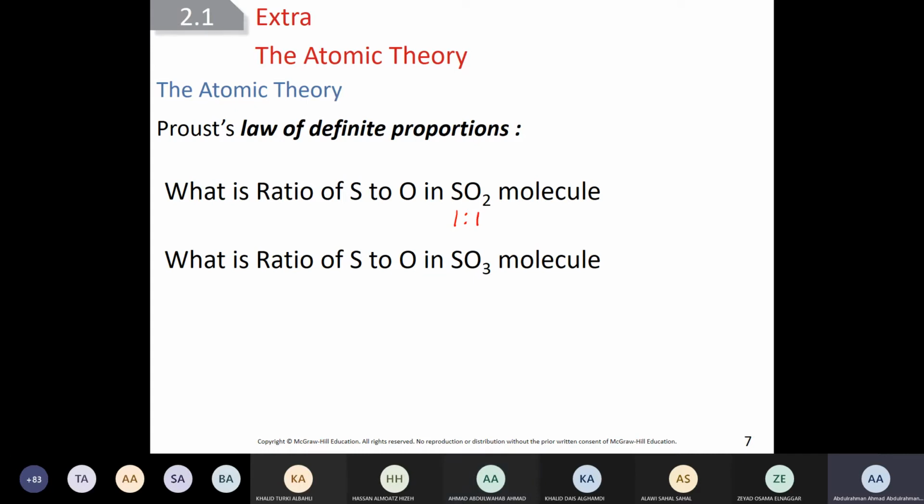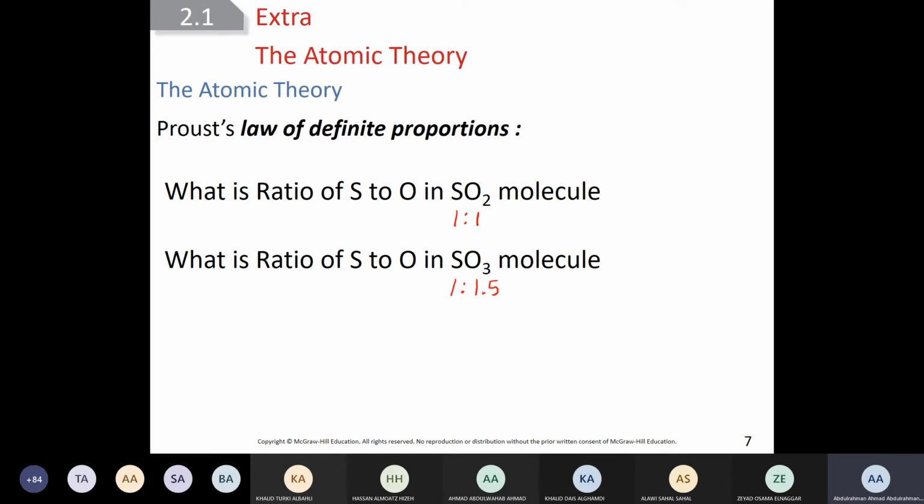How about in another compound, which is SO3? 1 to 1.5. Is this clear? So in different compounds, we're going to have different amounts of oxygen compared to sulfur. You should know this, and you should keep this in mind.